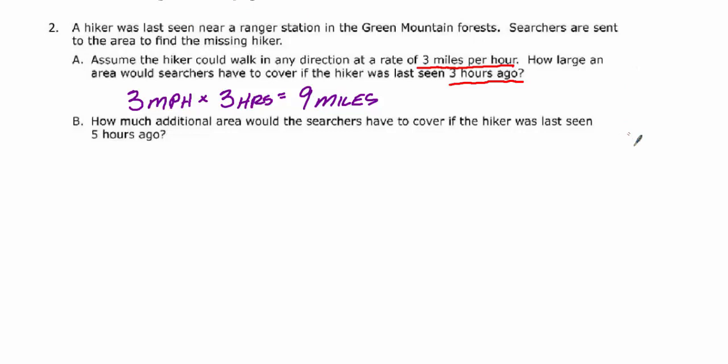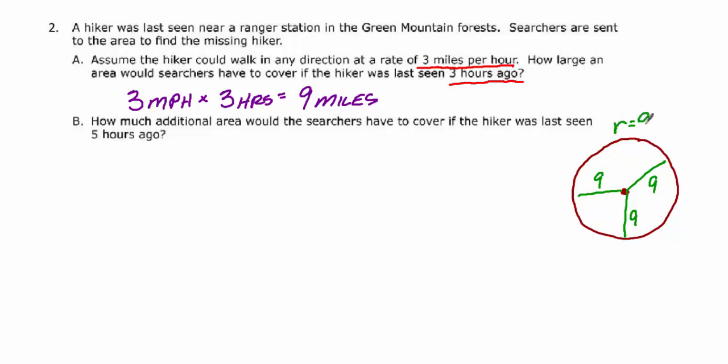So when we set up our area that the hiker could walk, and here's the hiker in the center, we know that that hiker could have gone any direction for 9 miles, which makes 9 the radius. So for this particular problem, the radius is equal to 9.